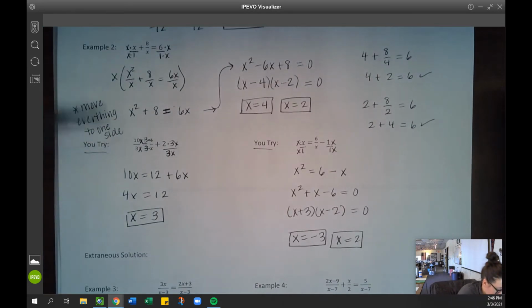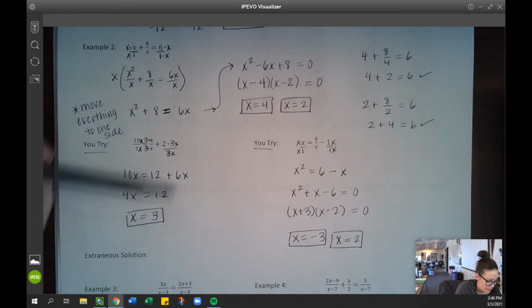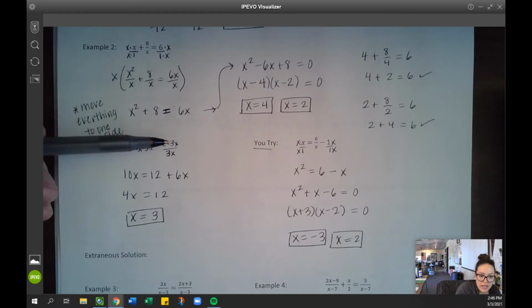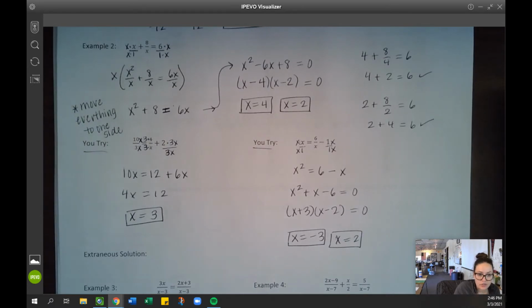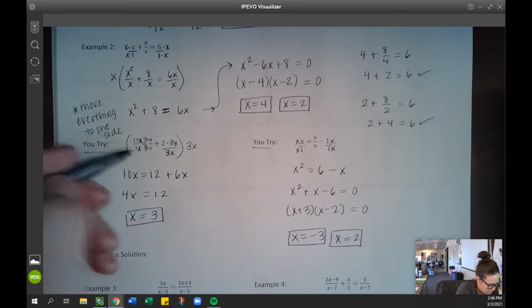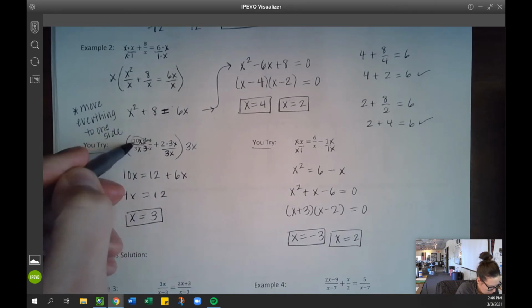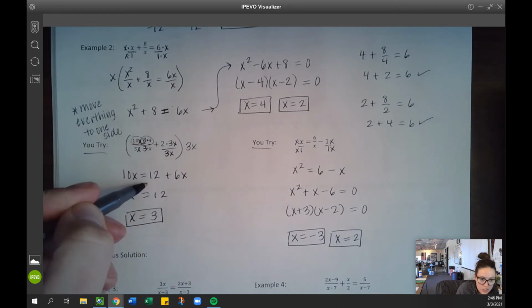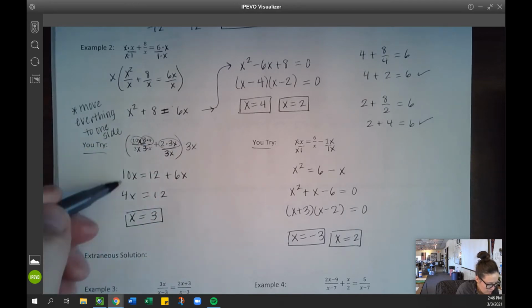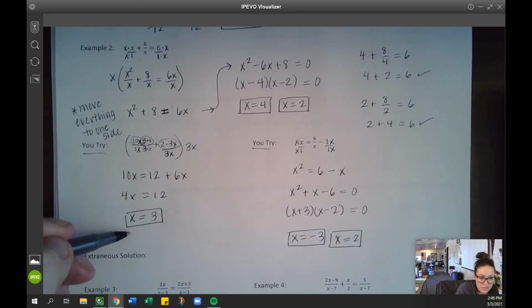Okay, so in the first one, we wanted to get a common denominator of 3x. So for the 2, you had to multiply by 3x over 3x to make those all the same. Once you clear out that denominator, you're left with 10x, and 3 times 4, which is 12, and 2 times 3x, which is 6x, which you can go ahead and just solve for x.